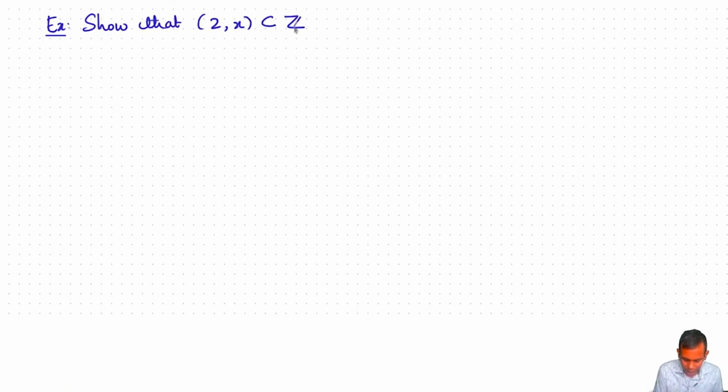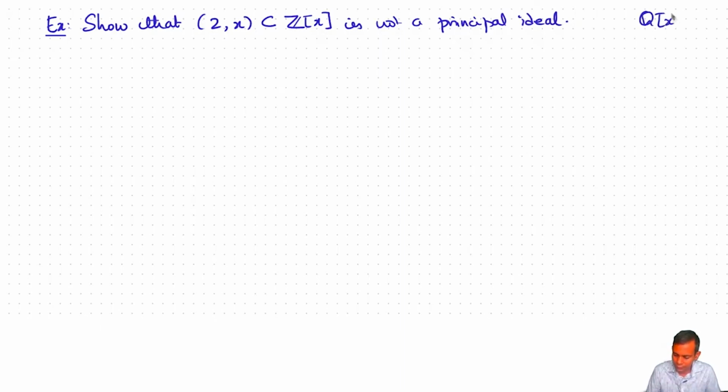We'll end this problem session by looking at a problem which I had promised we'll discuss later on, and this is the following. Show that the ideal generated by 2 and x in polynomials with integer coefficients is not a principal ideal. We've seen that if we take polynomials with rational coefficients or coefficients in any field, then they form a Euclidean domain.